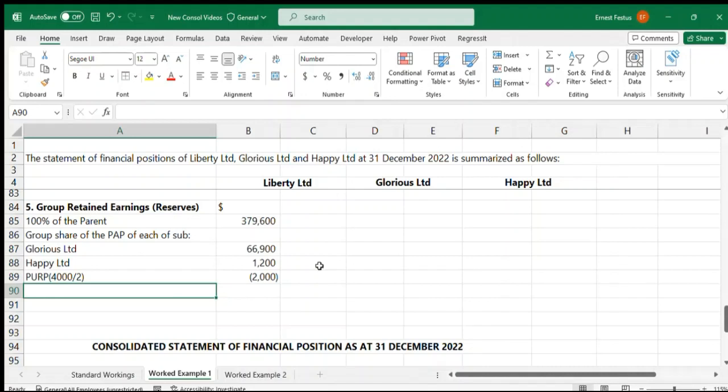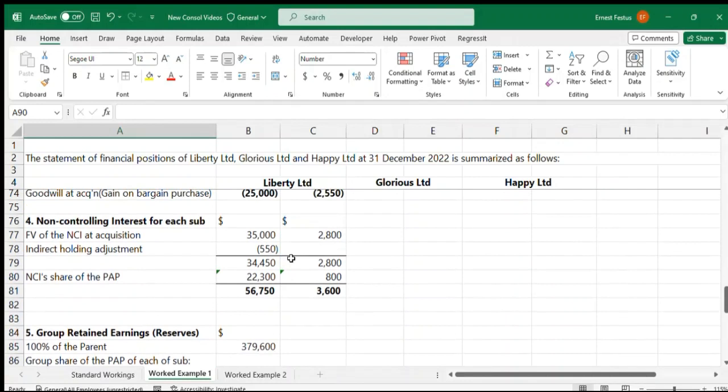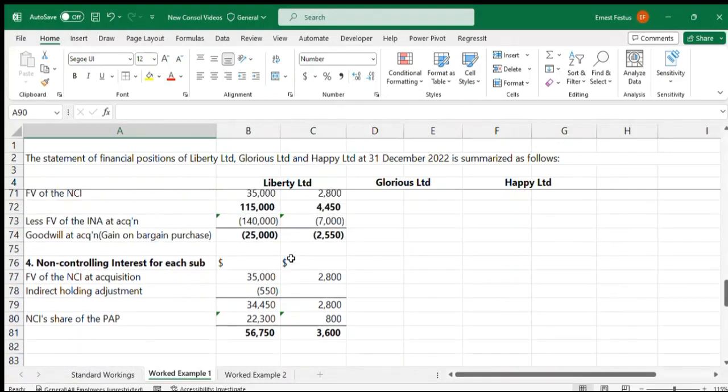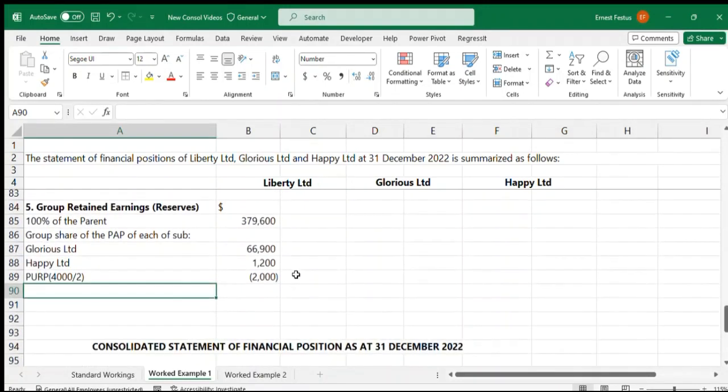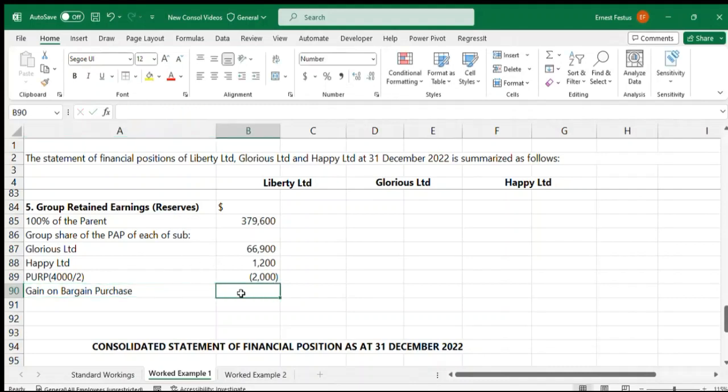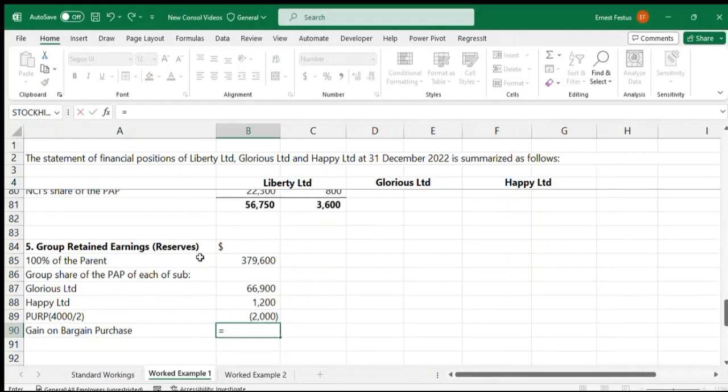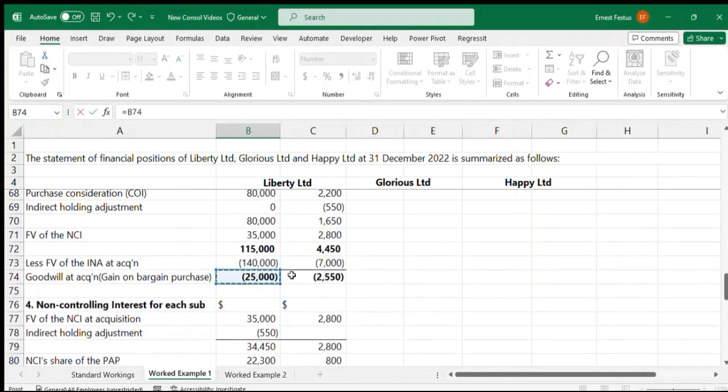Alright, so that is it for the items for our group retained earnings. However, I said earlier that when there is a gain on bargain purchase or a negative goodwill, we add that amount to our retained earnings or our profit. So we have the gain on bargain purchase, and that is equal to the total of the goodwill of the two entities.